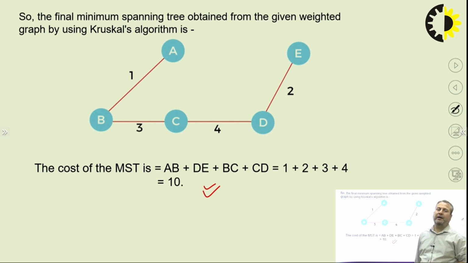So there will be only n minus 1 edges and it would be maximally acyclic. Acyclic means there should not be any cycle, but adding just one more edge will create a cycle. That's called maximally acyclic. Out of the spanning trees, if we sum all the weights, the one with the minimum total will be the minimum spanning tree.